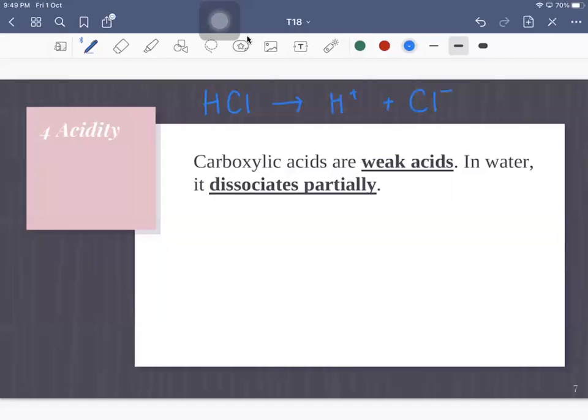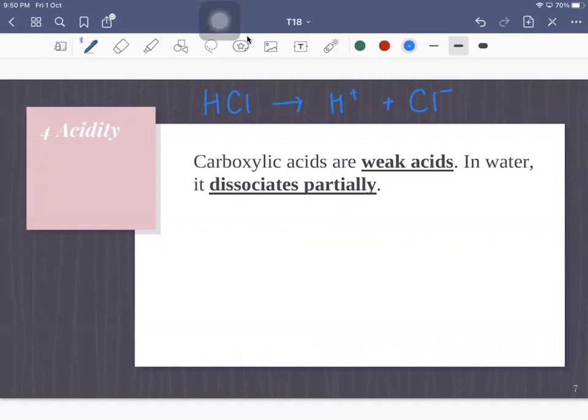H plus and Cl minus. So this is the dissociation or the ionization equation for a strong acid like HCl. This works for other acids as well, like nitric acid, sulfuric acid, phosphoric acid, and so on.